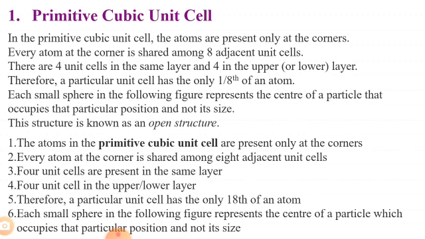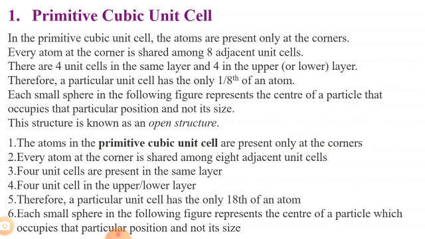So each small sphere in the following figure represents the center of the particle that occupies the particular position and not its size. So this structure is known as an open structure. The atoms in the primitive cubic unit cells are present only at the corners.